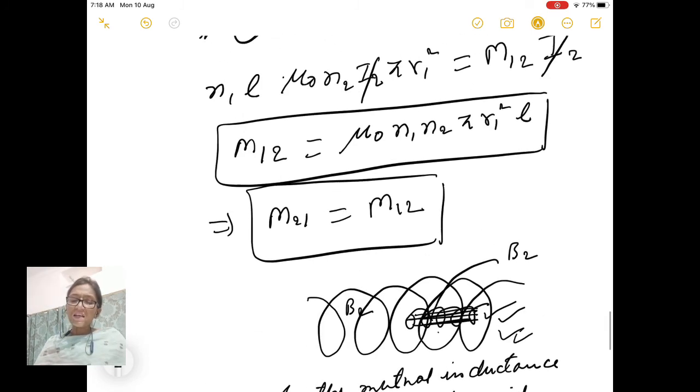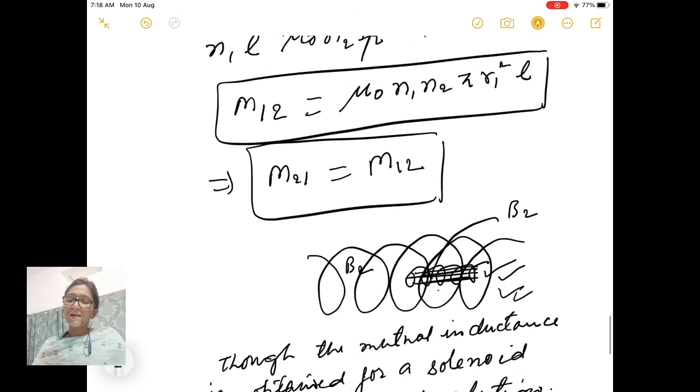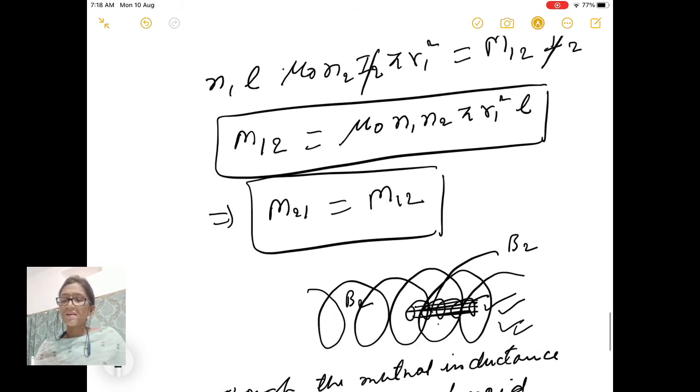Now on which things does mutual inductance depend? It depends on the number of turns, it depends on the inner radius, it depends on the length.